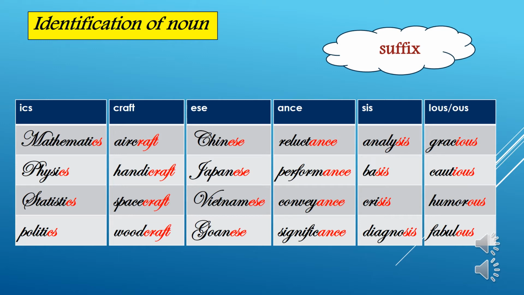So, examples of some noun forming suffixes: ics, craft, ese, ance, sis, ious. Look, these suffixes do not have any meaning of their own, but when they are attached to other words, they form nouns.